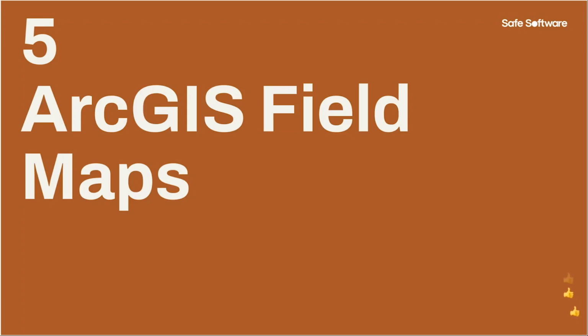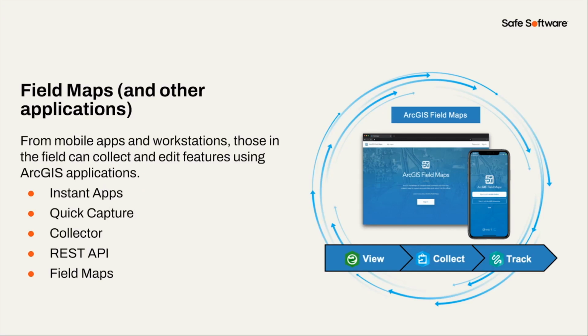Yeah, thanks, Dan. As Dan said, we're going to pivot to a different type of webhook, one that you can use in ArcGIS Online with their other web applications offerings, including Field Maps. So ArcGIS Field Maps is a highly customizable and comprehensive mapping application from Esri.